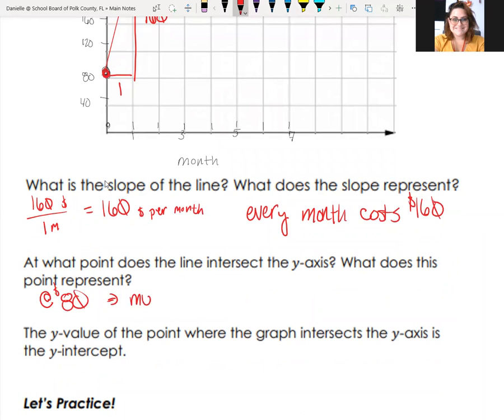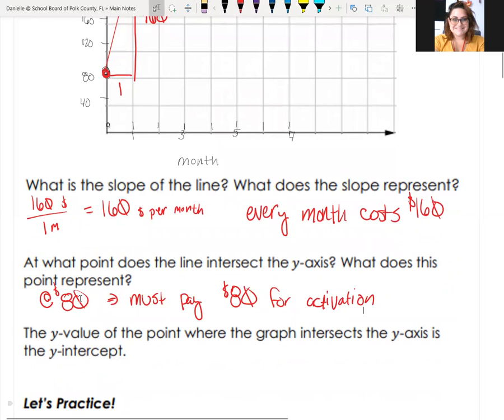In this case, it represents the turn-on fee or the activation fee. The y value of the point on the graph that intersects the y-axis is the y-intercept. So this is called the y-intercept.